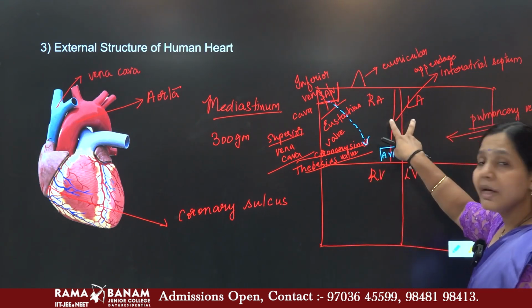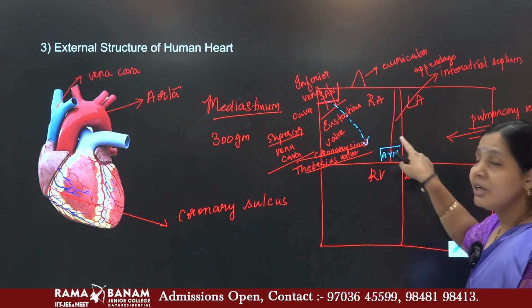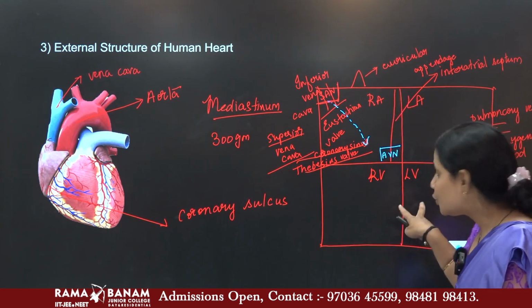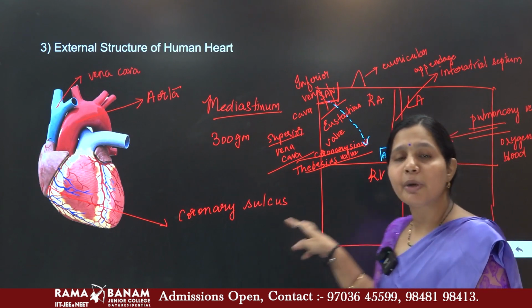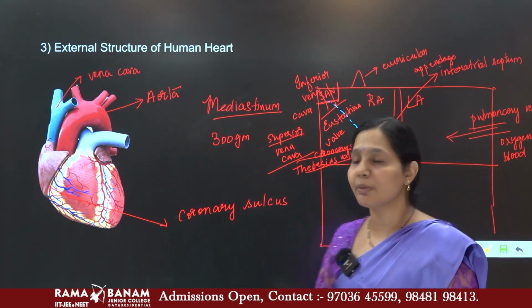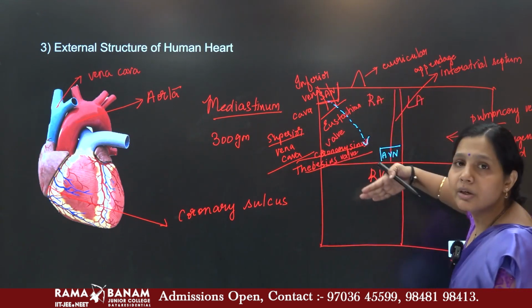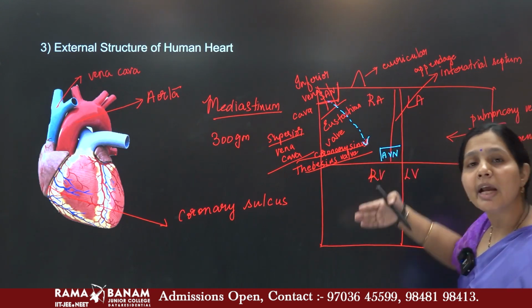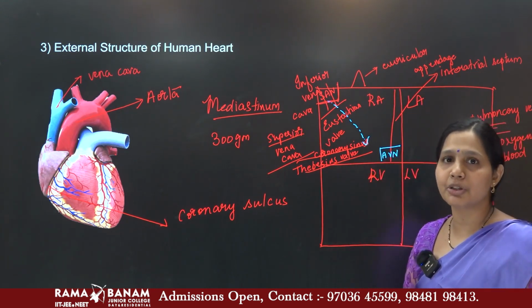Then the two atria are separated by the interatrial septum. The two ventricles are separated by the interventricular septum. The atria and ventricles are separated by atrioventricular partitions, right?